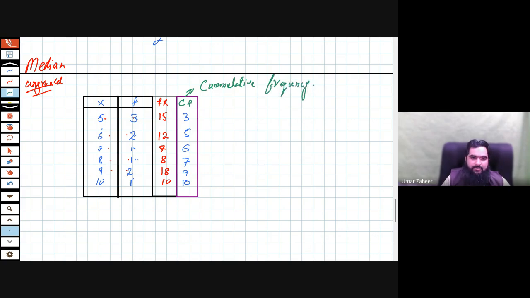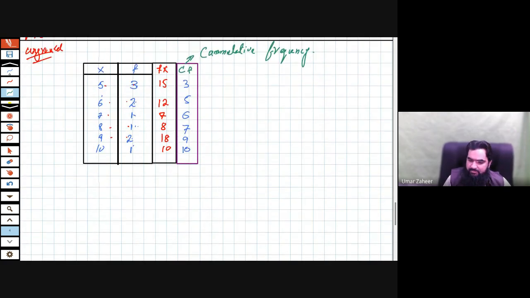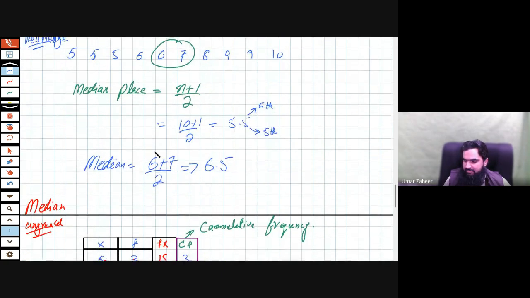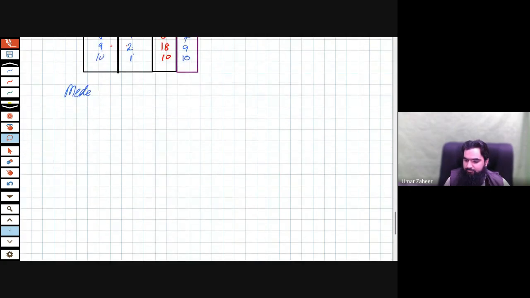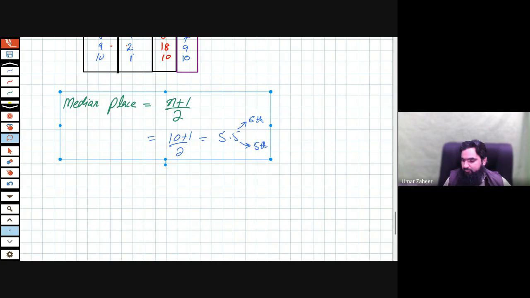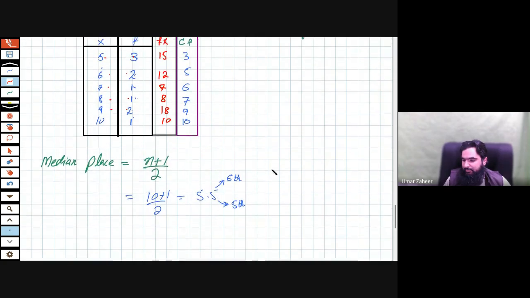Any question over here? You need to find the median. So the median place is the same formula. We already did it. How do we find the median place? We need to find the sixth value and the fifth value.